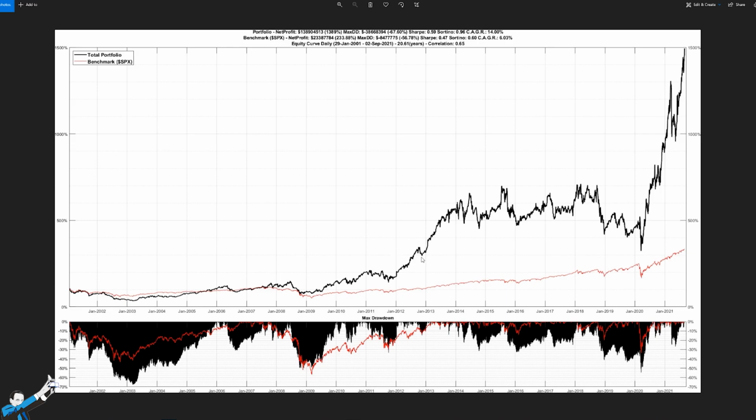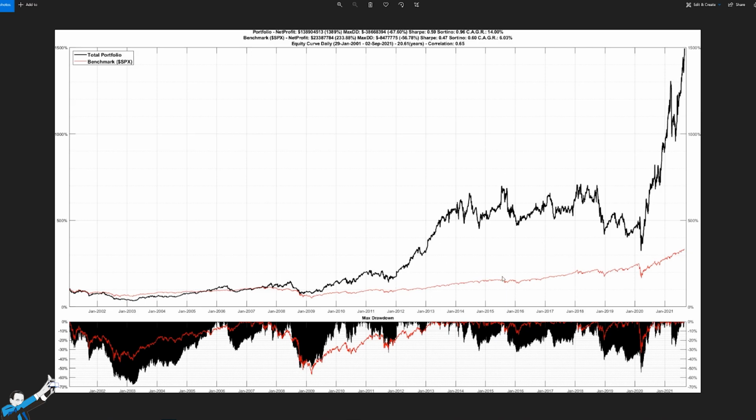We can see that the shape of the equity is almost flat at the beginning, and the drawdown is extremely high. In this case we are talking about 67%. The CAGR is not bad, it's interesting of course, but also in this case significantly lower compared to the one on the Nasdaq.